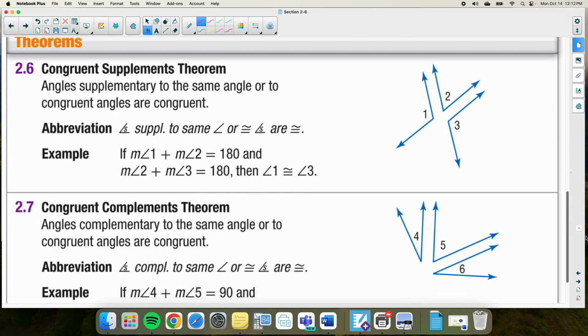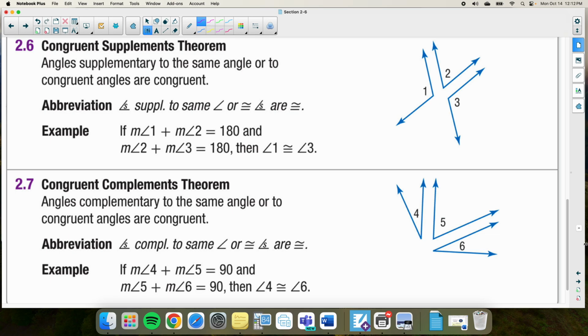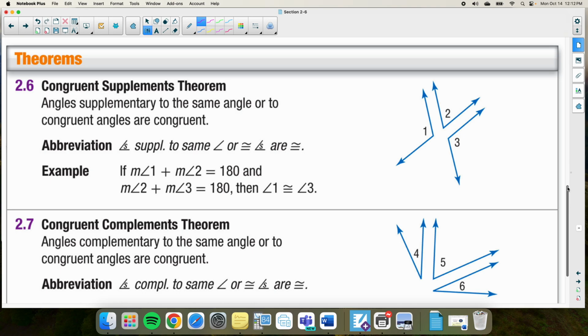Now, these 2 theorems, if you just read them, they kind of sound confusing. It says, angles supplementary to the same angle or to 2 congruent angles are congruent. But what this actually means is if you knew that angle 1 and 2 were supplementary, and let's say that they told you that angle 2 was 60 degrees, and you knew that angle 1 and 2 were supplementary, we could then say angle 1 has to be 120.